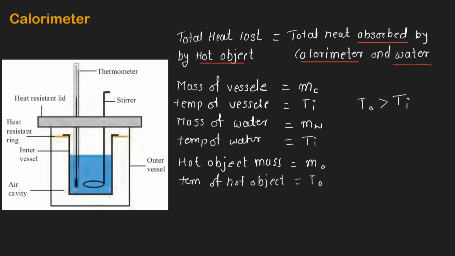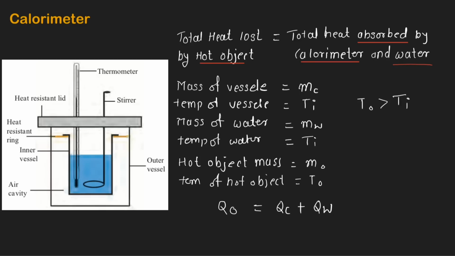When the temperature is greater than that of water and vessel, the object loses heat energy to the calorimeter and water. And according to this equation we can write that the heat energy lost, Q naught, is equal to the heat energy absorbed by the calorimeter and water.